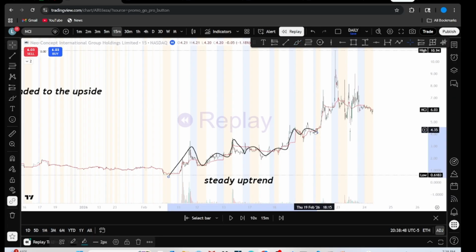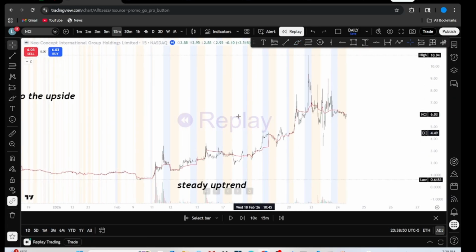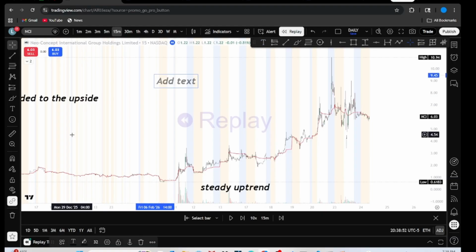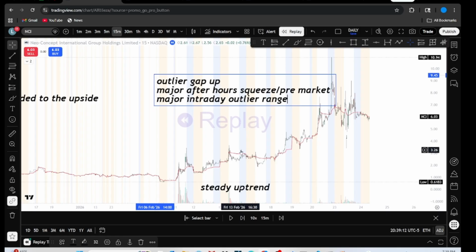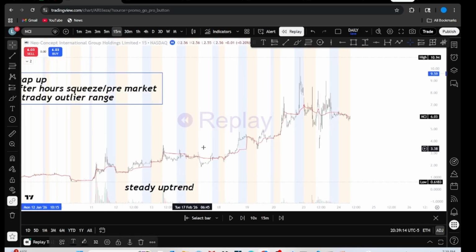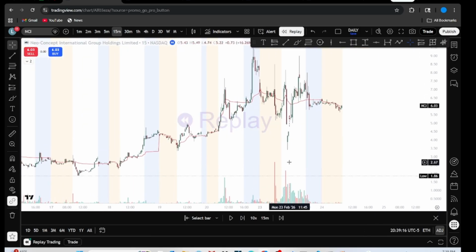And I qualify overextension by outlier gap up, major after hours squeeze or pre-market, or major intraday outlier range. And I can show you guys what I mean by that. So in this case, we have the steady uptrend, and then we start to see a big move away from that trend.